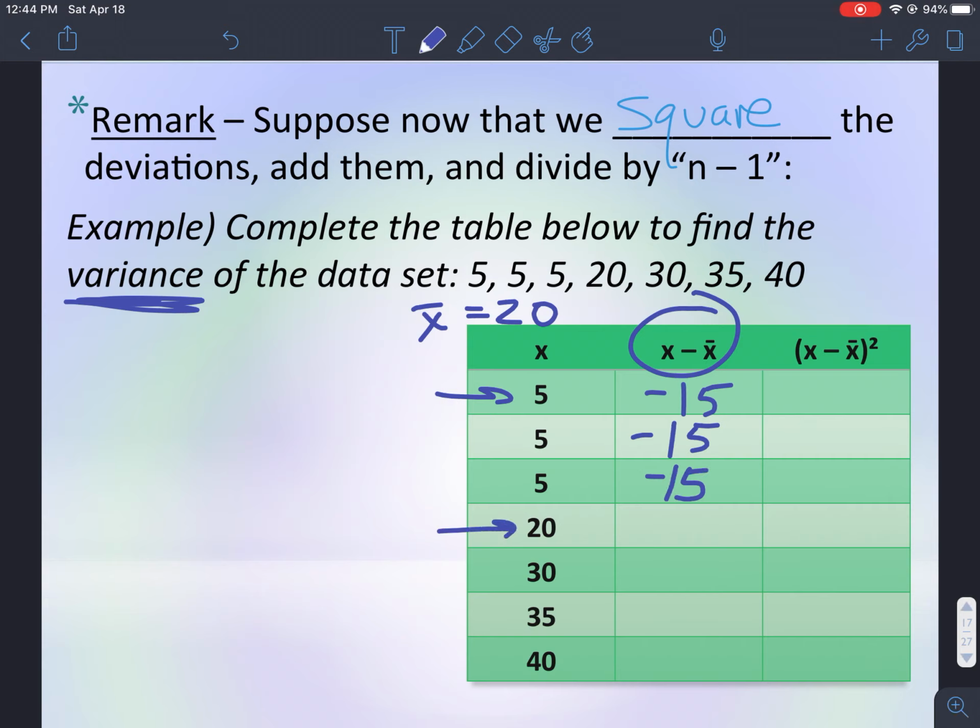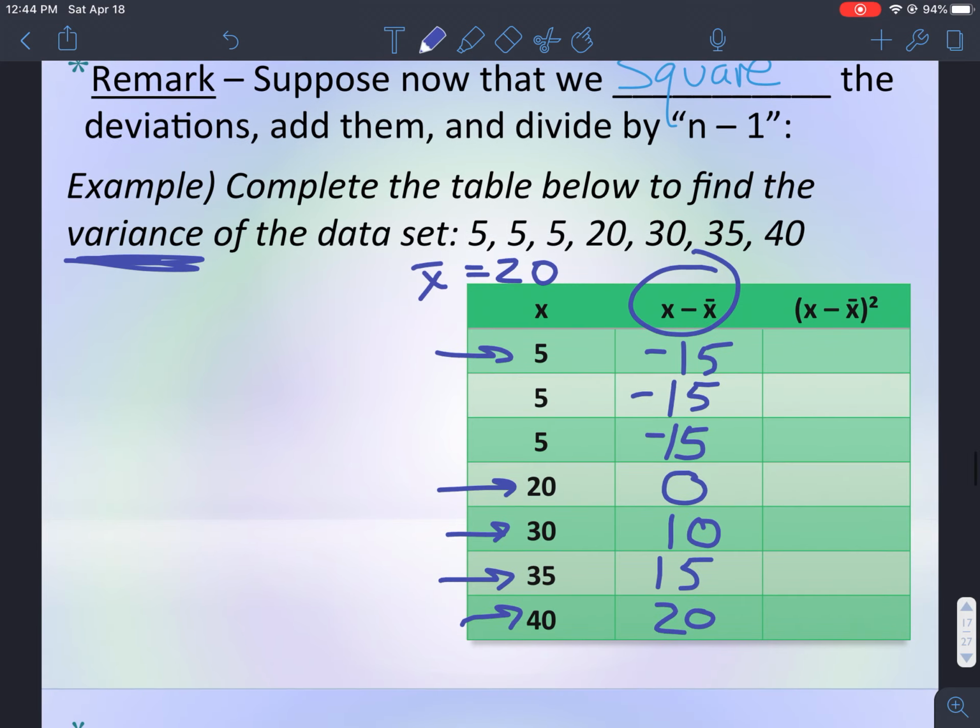This one down here is going to be 20 minus 20 is 0. 30 minus 20 is positive 10. 35 minus 20, positive 15, and then 40 minus 20, positive 20. Two things I want you to notice. First, if you sum all of those values, you should get 0.